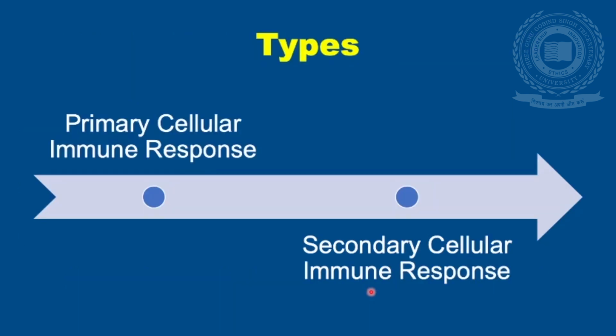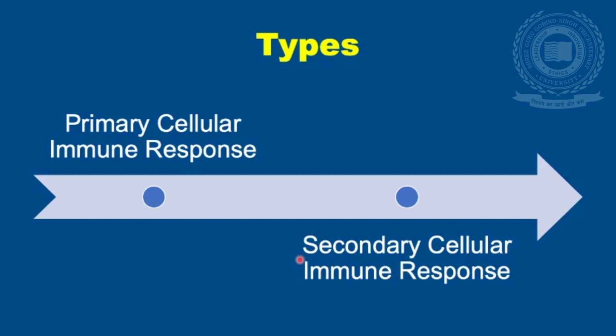What are the types of cellular immune response? Like the humoral immune response, the cellular immune response is of two types: primary cellular immune response and secondary cellular immune response. Primary cellular immune response is produced by contact with the foreign antigen.